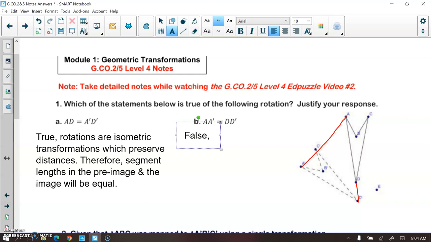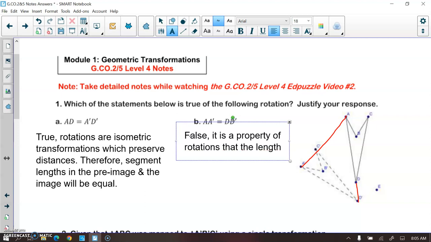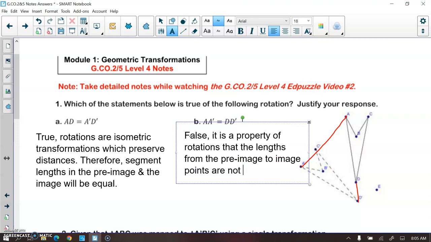So it's false because it is a property of rotations that the lengths from the pre-image to image points are not equal.